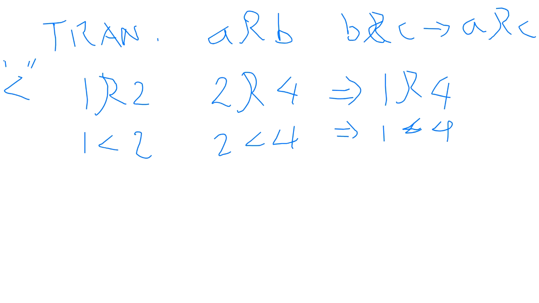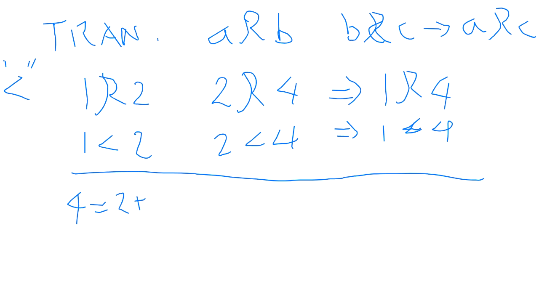Equal is reflexive, but equal is all of them. Let me write it a different way. Use 4. 4 is equal to 2 plus 2. I'm using different numbers here, it looks more sensible. And 2 plus 2 is equal to 3 plus 1.